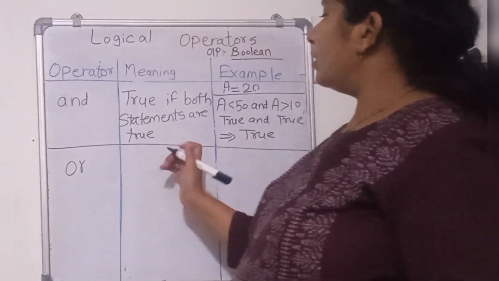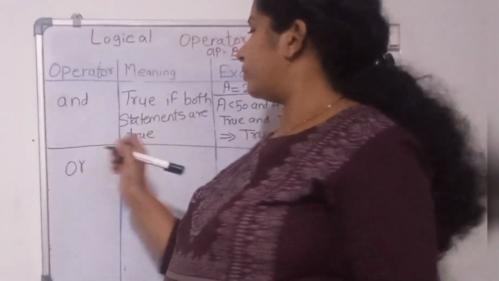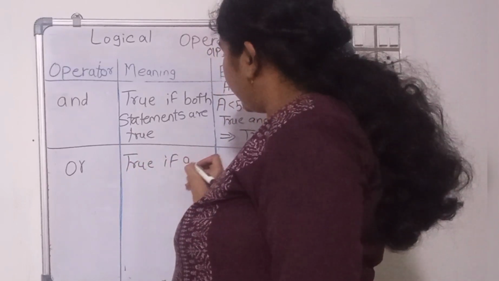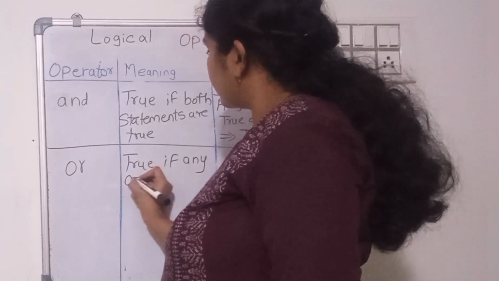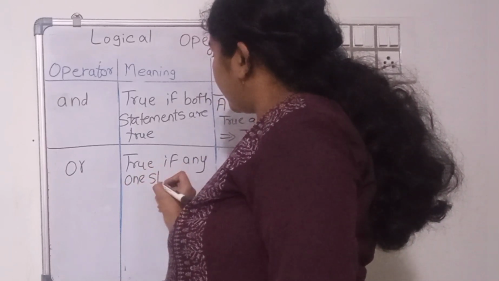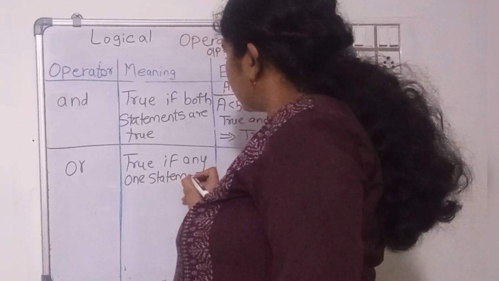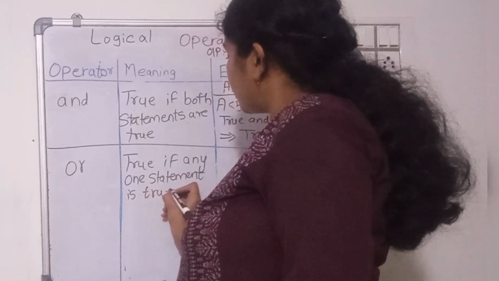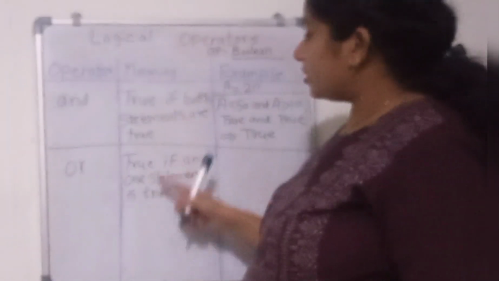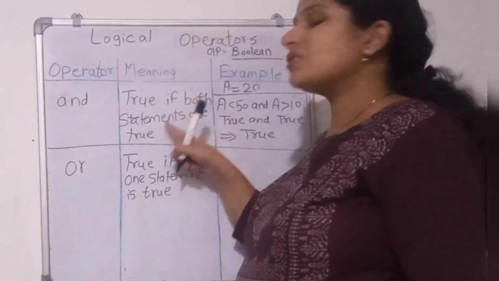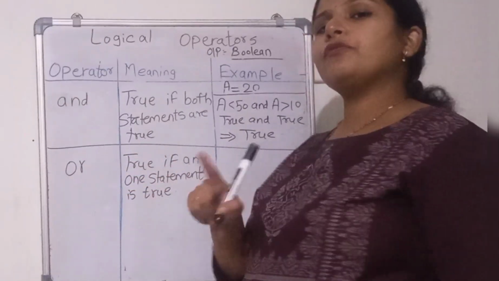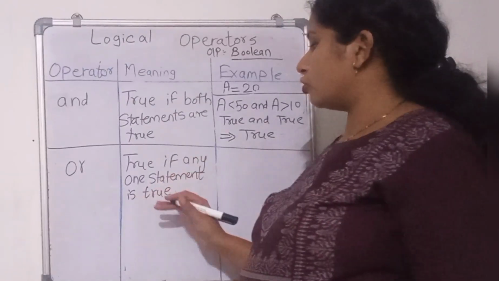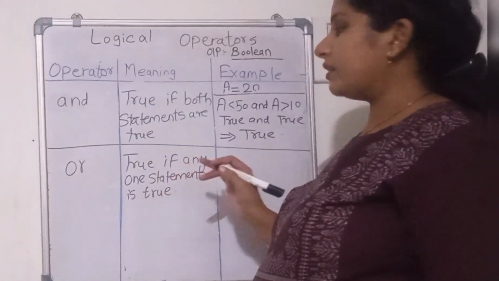Okay, so here our output will be true if any one statement is true. See the example here, in AND both statements should be true. Here, if either first or second, any one condition is true, we get our result as true.